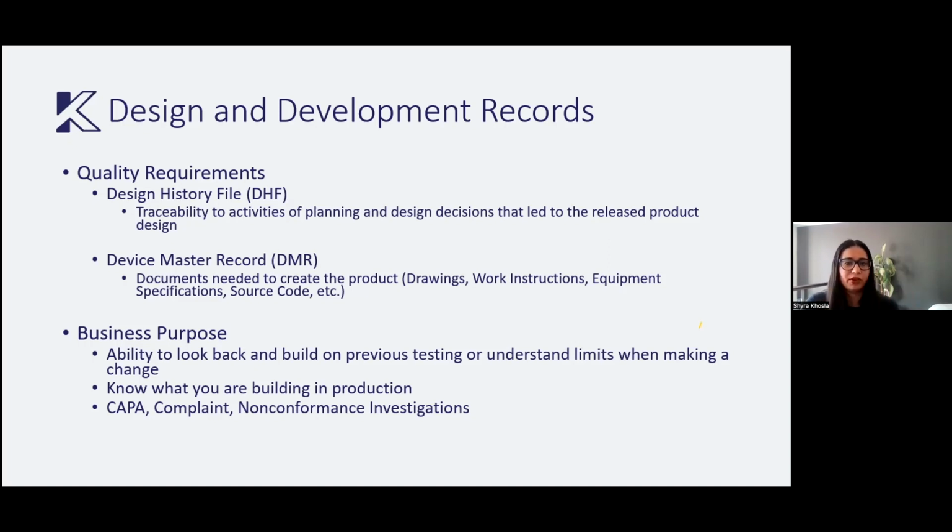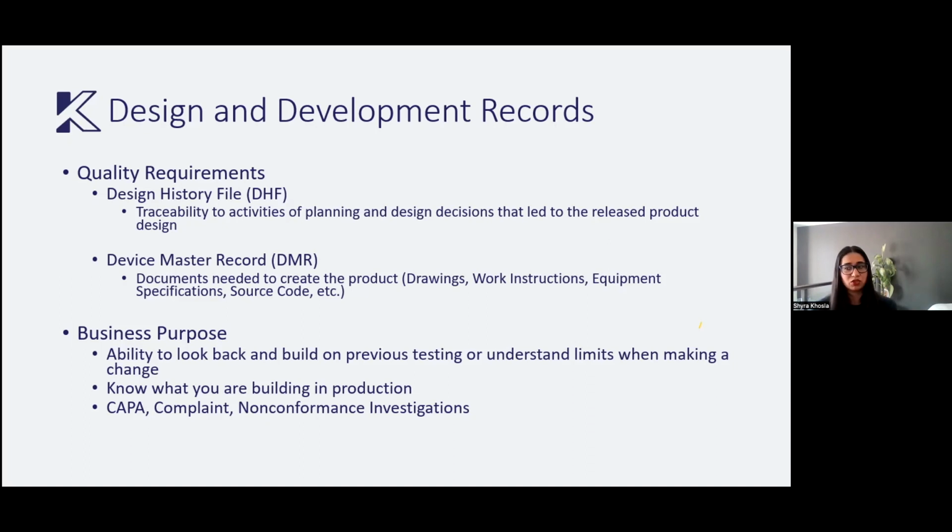So if I think about it from the reverse perspective, your DMR, your device master record, is basically your recipe, your blueprint for how to actually create that device that you want to. And then your DHF, your design history file, is the documentation that says, yeah, this is the device that we actually want to make. This is the one that we want to put onto the market.